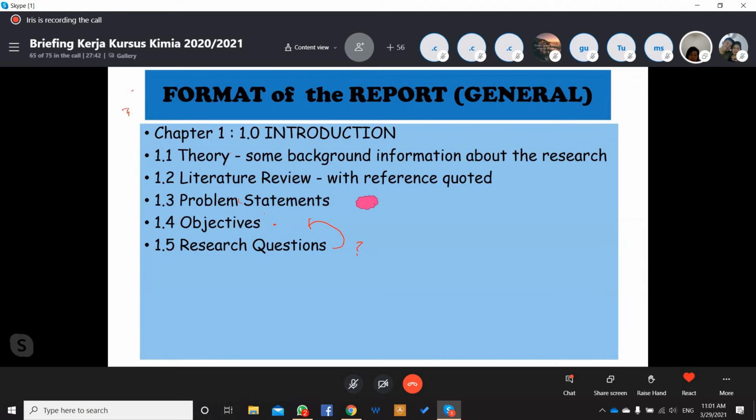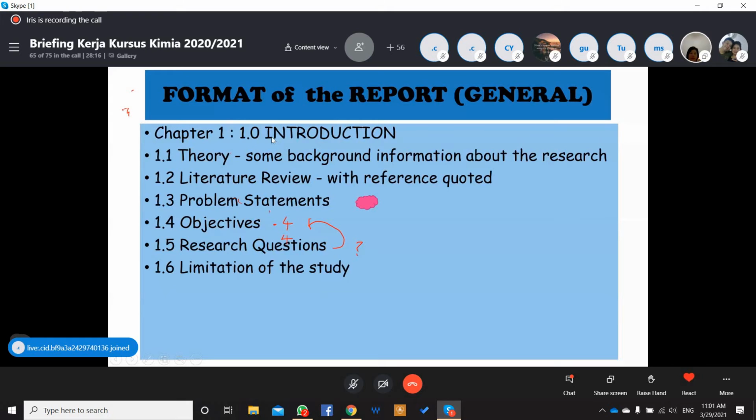Objective is, for example, to determine the rate of reaction of blah blah blah. Then your research question will be, how do I determine the rate of reaction of blah blah blah? So from there, you start to design. How do I design the method in order to achieve this objective? Biasanya kalau your objective ada 4, your research question will be also ada 4. Your answer 1 to 1, then it's easy.